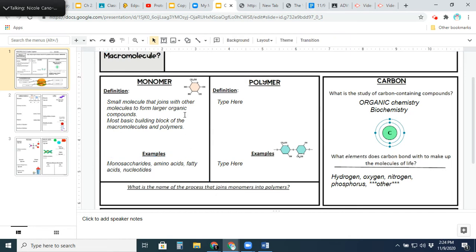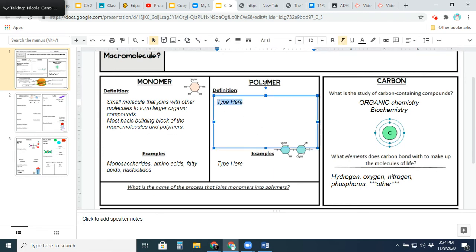Okay, so monomers, when they bind to each other, they form these long chains. Those are what these polymers are. They are large molecules made up of monomers that are linked together in a chain.